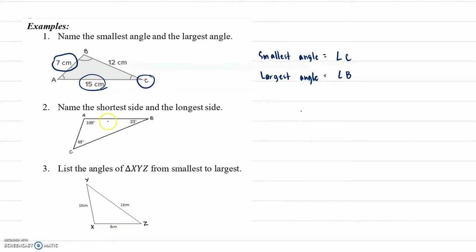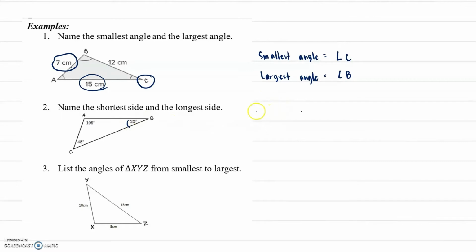Okay. Now let's have number 2. Name the shortest side and the longest side of triangle ABC. This time we are given the measures of the angles. Angle C measures 48 degrees, angle A measures 109 degrees, angle B measures 23 degrees. We know that the shortest side is opposite the smallest angle, and the smallest angle here is angle B, which measures 23 degrees.